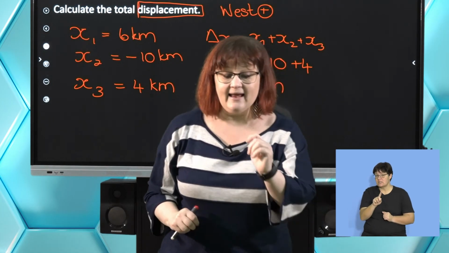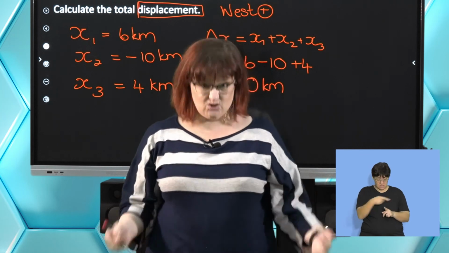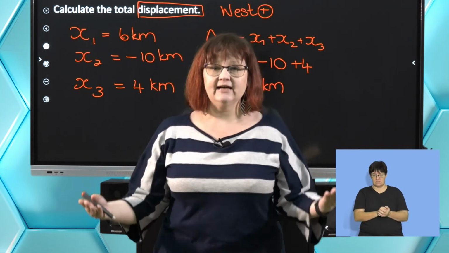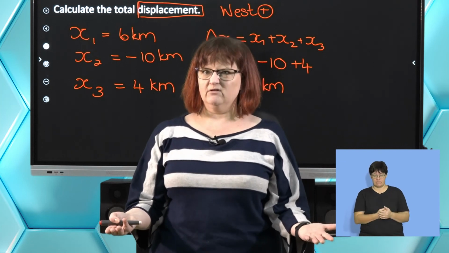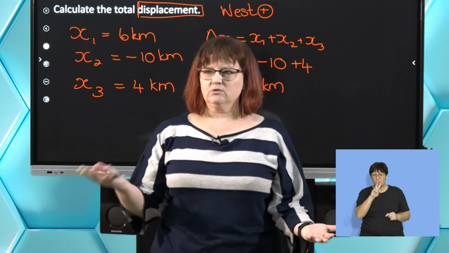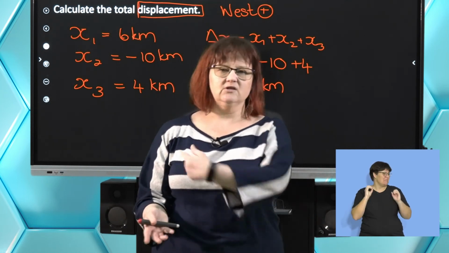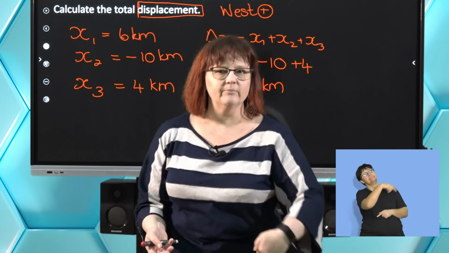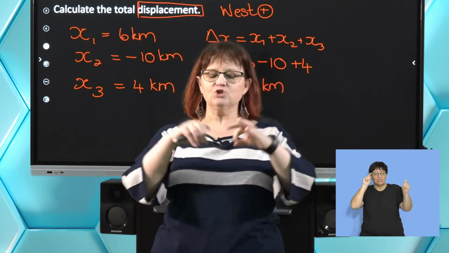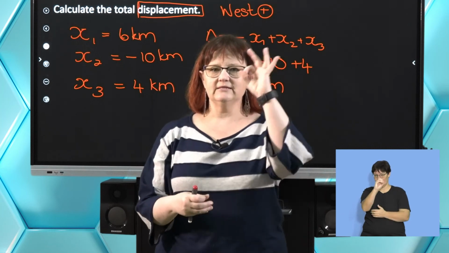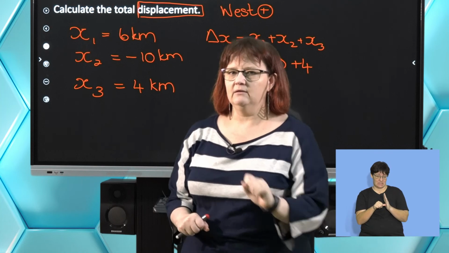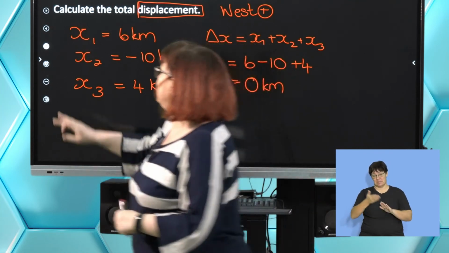This means they ended where they started, okay? I can't give a direction to this because they've gone nowhere, all right? So they really walked 20 kilometers for nothing. I would have just stayed there and waited for everyone to come back, okay? So their displacement, their change in position is 0. This is going to become important when we get to velocity and speed, okay?